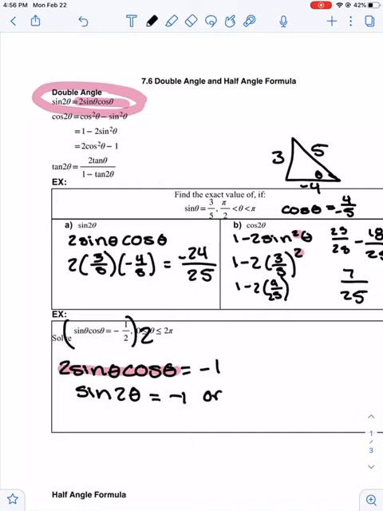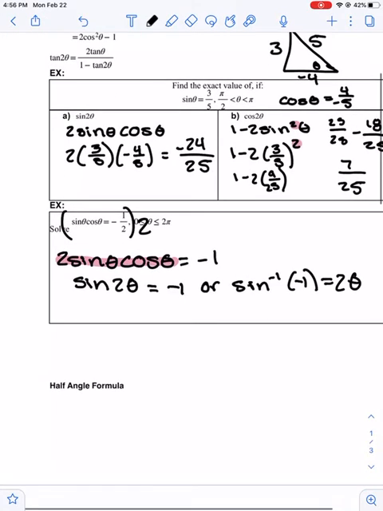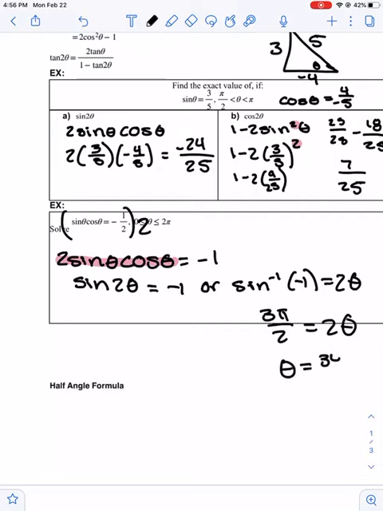Or we can write this as the inverse: sine inverse of -1 equals 2 theta. So from here, we ask ourselves, okay, when does sine equal -1? And that's at 3 pi over 2, and that still equals 2 theta. Now solve for theta by dividing both sides by 2.